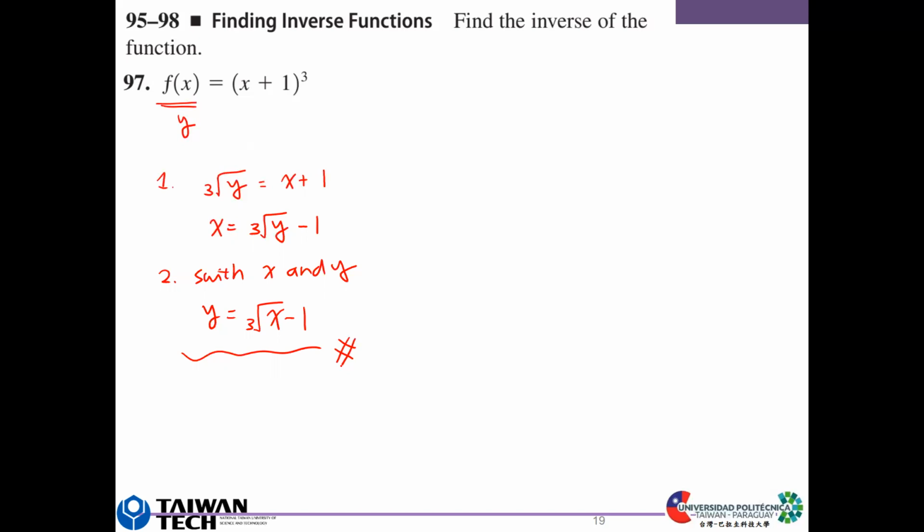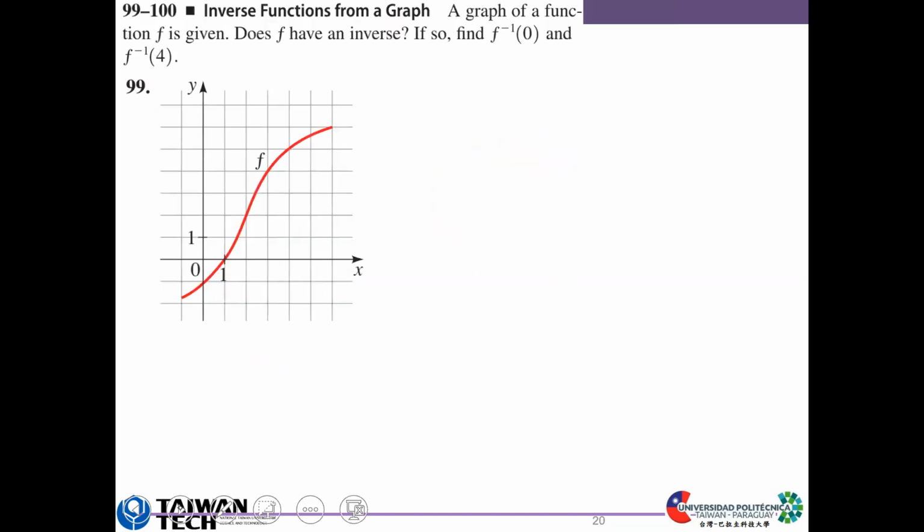You can double check: if you double check, you will always have f inverse of f of x equal x, and f of f inverse of x equal x. So it will satisfy these two properties. Okay, let's look at the next problem.